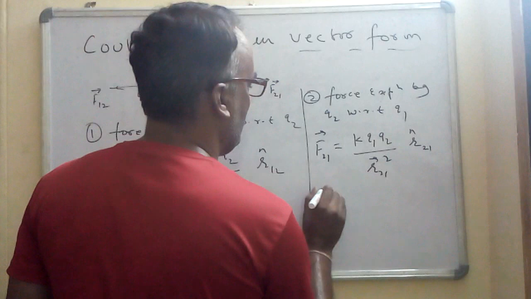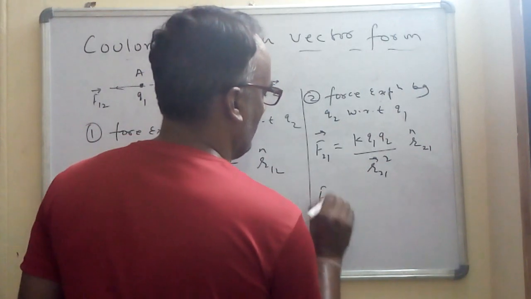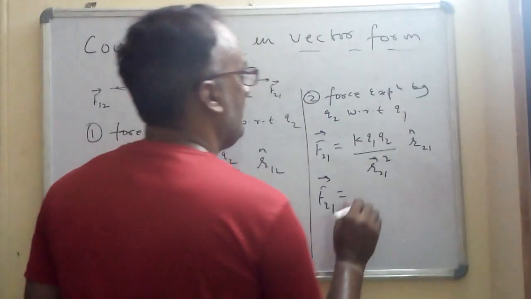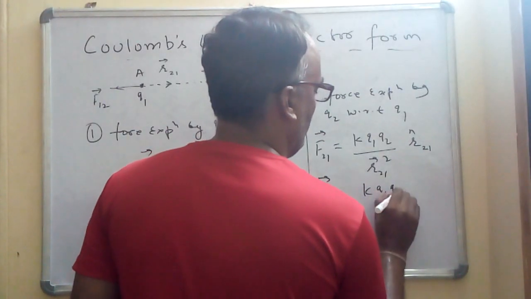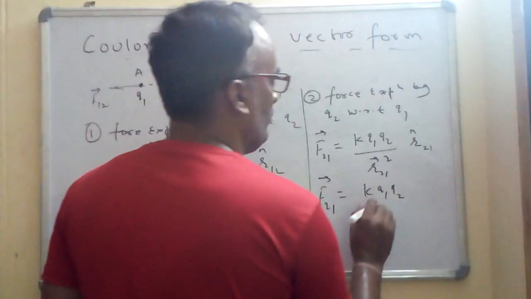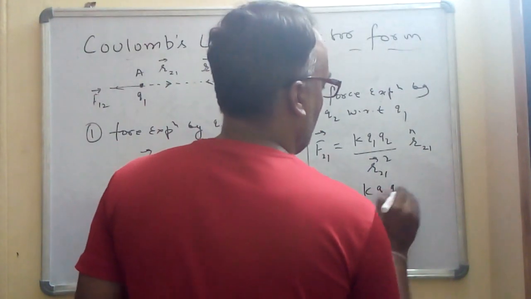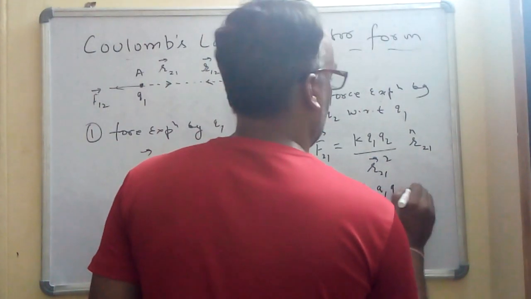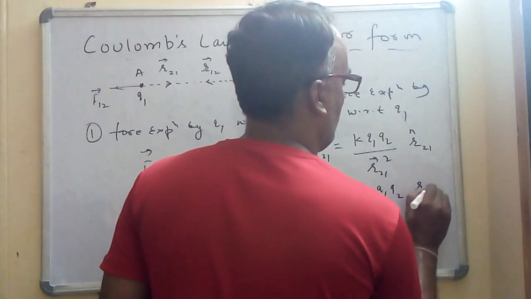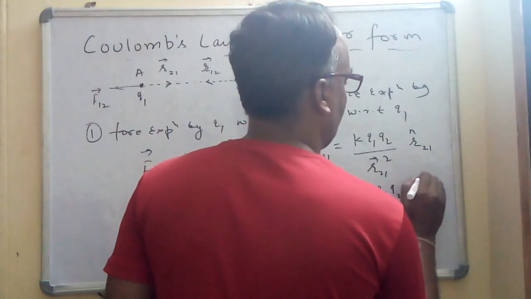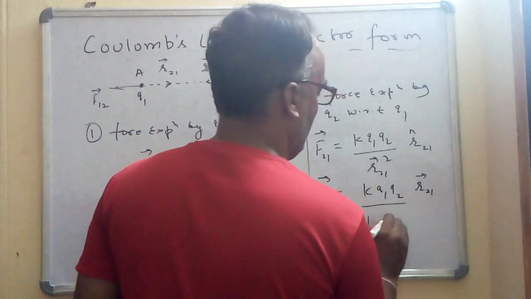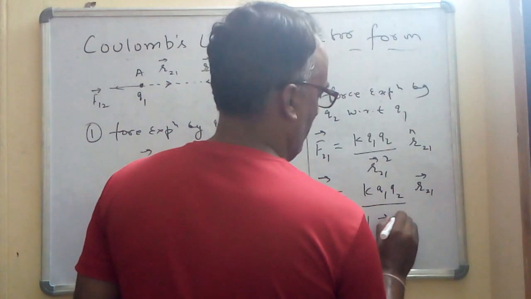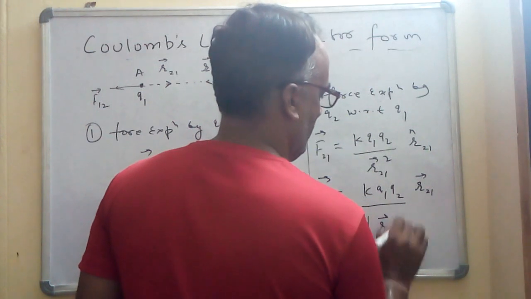So we can also write it like this, that is F21 equals KQ1Q2 upon R21, this can also be written as R21, and this is your R21 whole cube, sorry, modulus whole cube.